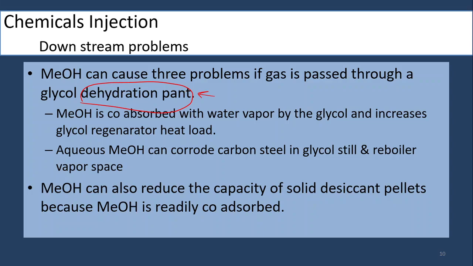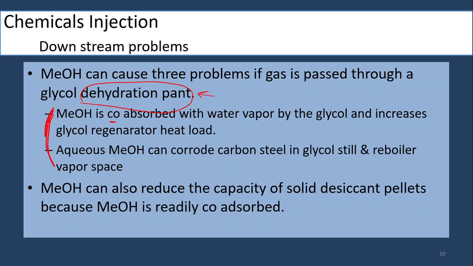In this scenario, methanol is co-absorbed with water vapor by the glycol and increases the glycol regenerator heat load. So what happens if the methanol is present? This is the problem with the methanol. Aqueous methanol can corrode the carbon steel and glycol steel and reboiler vapor space.